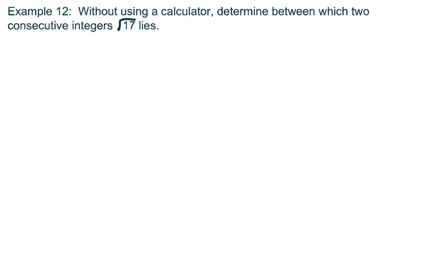But if you think about 17, the number 17, it lies between two perfect squares. The principal square root of 16 should be a little bit smaller, and the principal square root of 25 should be a little bit larger. I'm just thinking about numbers which are perfect squares.